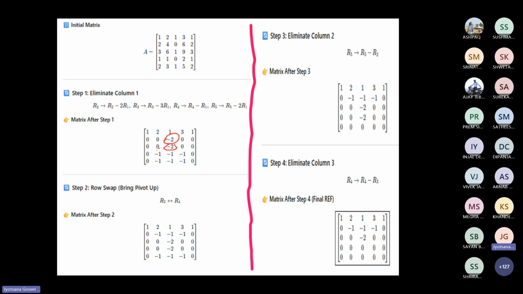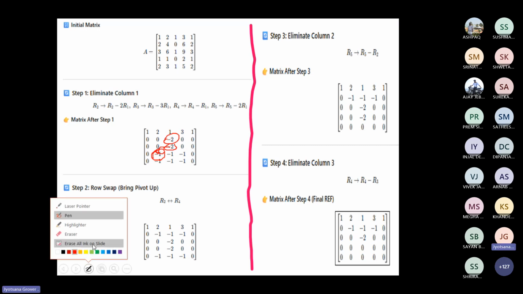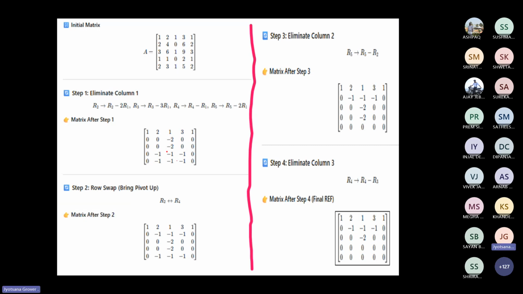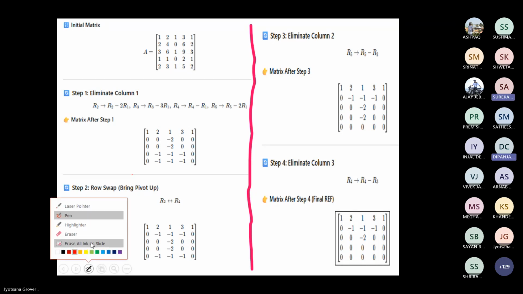But what is the leading entry of row 4? It is -1, and it is on the left of the leading entry of the previous rows. As per our REF definition, the leading entry of any row should be on the right of the leading entry of the previous one. So that's why we have to swap. Is it okay? Yes, ma'am.